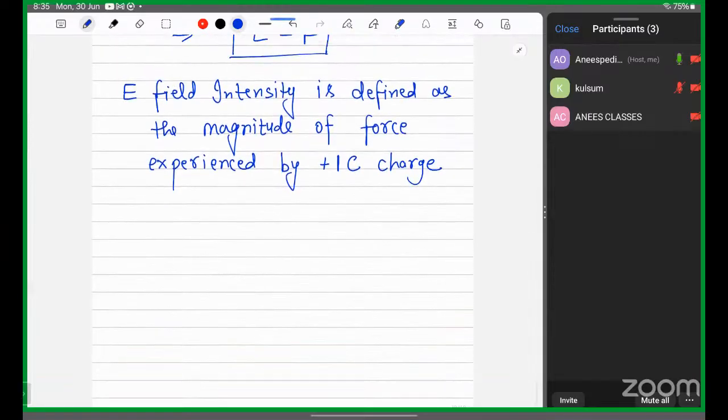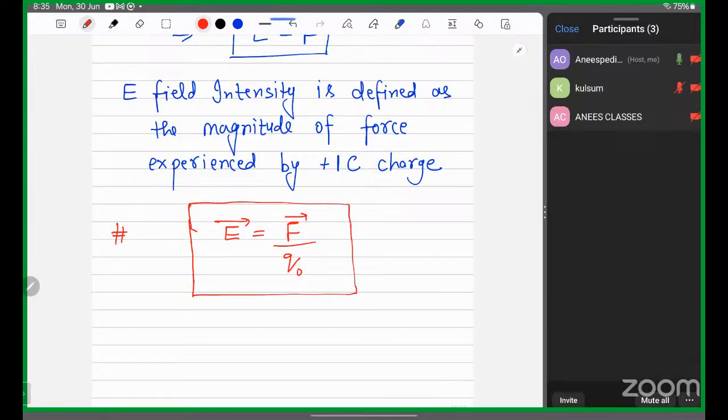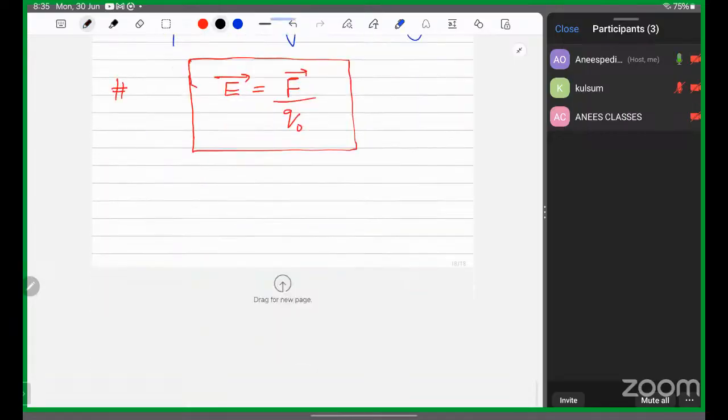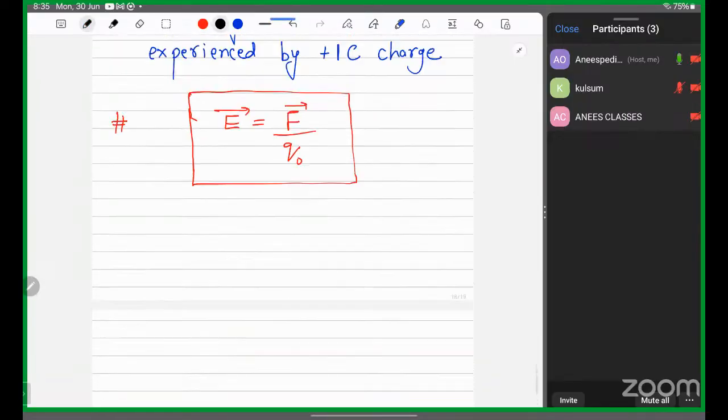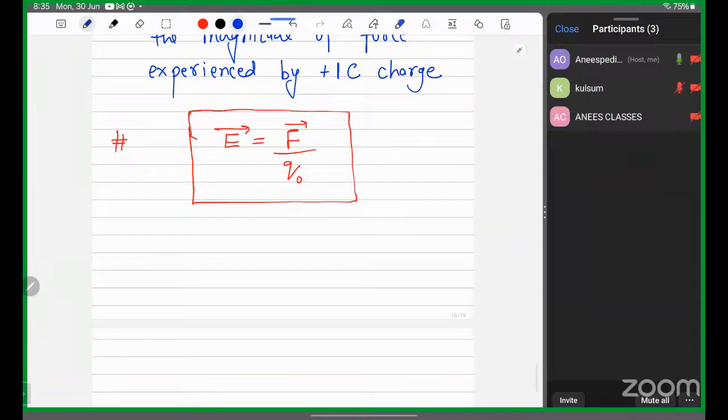Understood, or any doubt? If you again look at mathematical arrangement of electric field E given by F divided by Q naught, you will get the SI unit for electric field E, and you will also get dimensional formula of electric field E. So from this formula, what will be the SI unit of electric field?